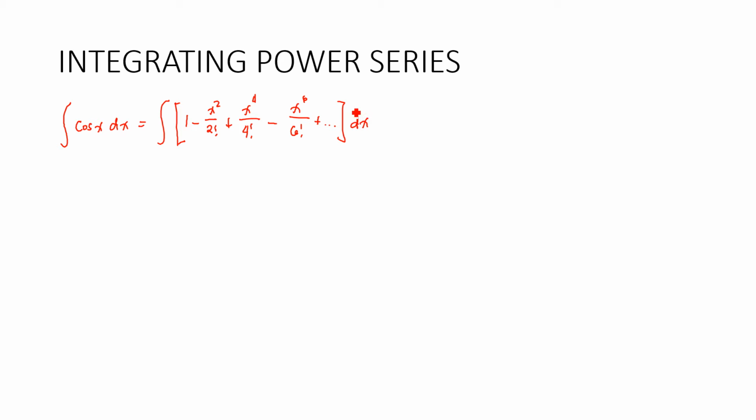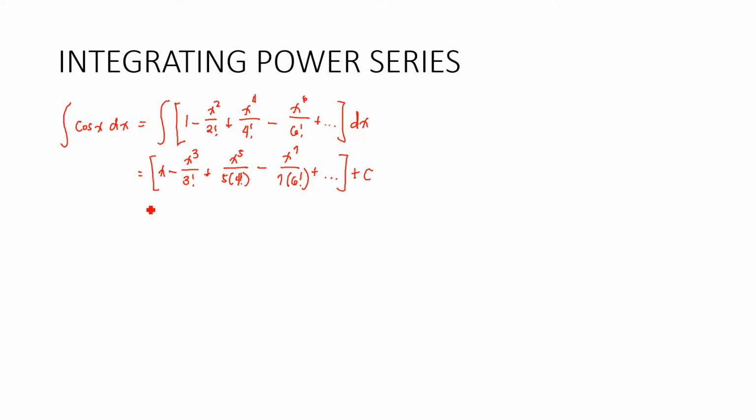So this is x minus x cubed over 3 factorial, because you have 3 times 2 factorial, plus x raised to 5 over 5 times 4 factorial, minus x raised to 7 over 7 times 6 factorial plus so on, plus c because there should be a constant.